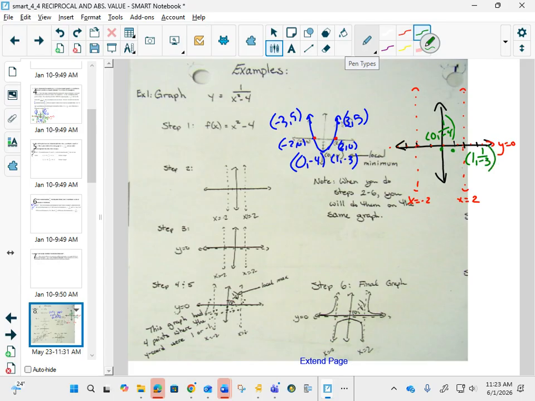I had 3 comma 5. 3 comma 1 over 5. And negative 3 comma 1 over 5. I just did a bunch of nice points. Do I have a point in each section? Yes. This is enough. Draw towards the asymptotes.